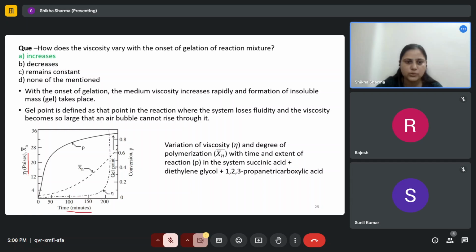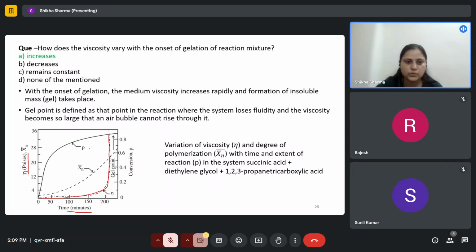So this is the variation in the viscosity, right? Here, initially it is slowly increasing, the solution having some viscosity, but when the gel point is reached there is a rapid, dramatic increase in the viscosity because the gel has formed, right?